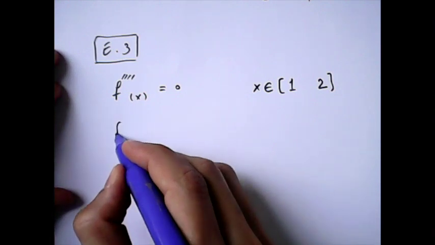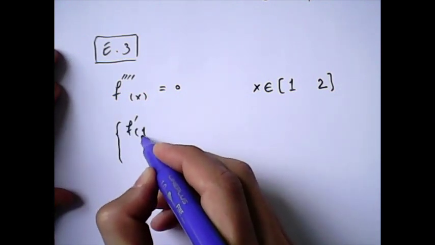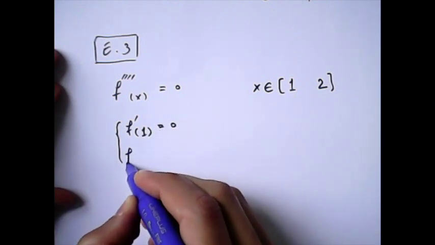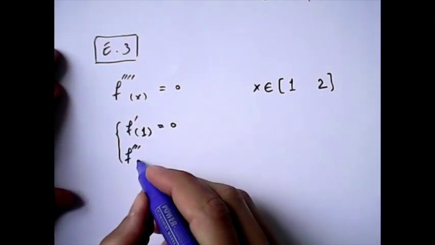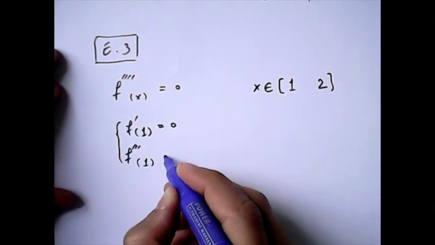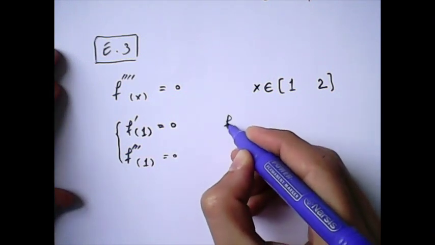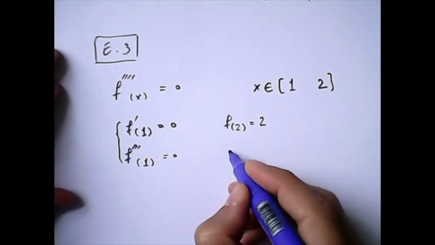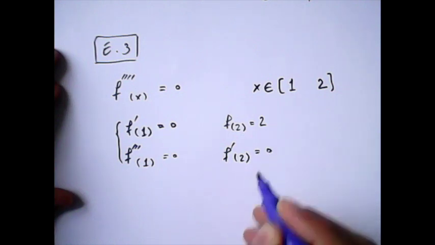We'll have f prime at 1 at the very beginning equals 0. The third derivative of f at 1 equals 0. f at 2 equals 2. And f prime at 2 equals 0.